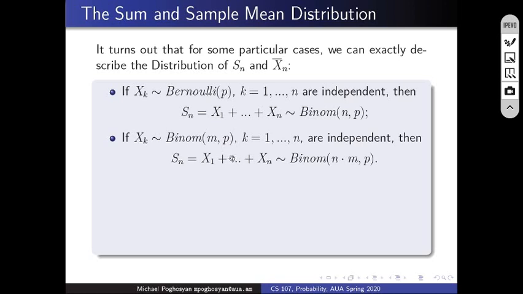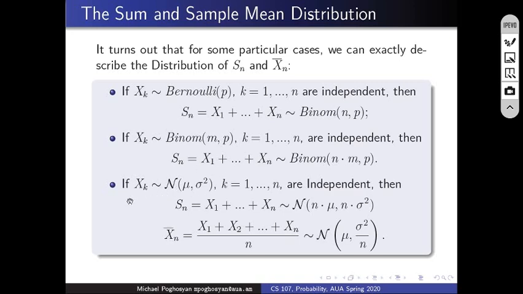Then X2 is showing another m times repetition of the same experiment with success probability p, etc. So we are doing n times m repetitions of that experiment with success probability p, and Sn will calculate how many of the trials lead to success.